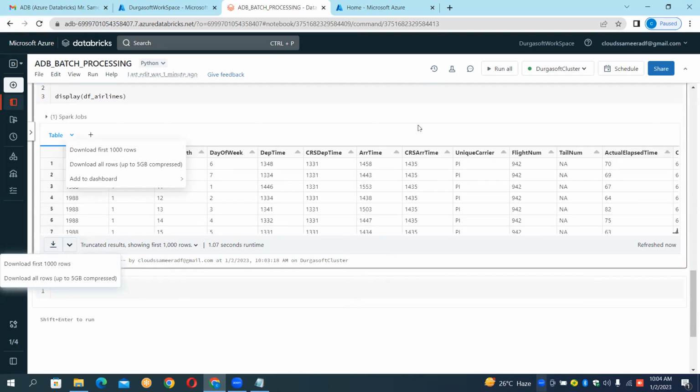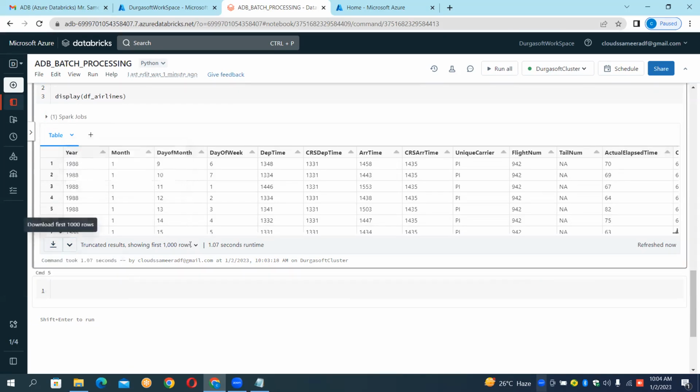Actually, you will have a charts logo also here, where you can see the data directly in the form of charts. Anyways, you can use show instead of display. You can use anything. But show by default will show only the first 20 rows.